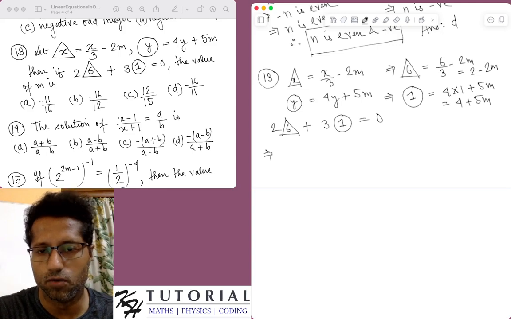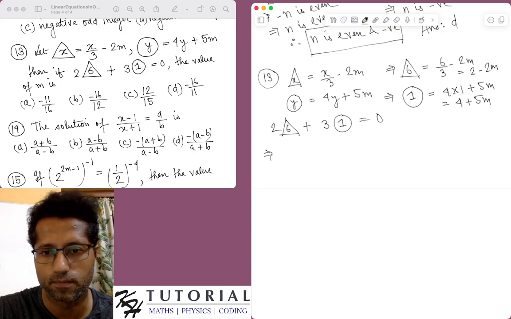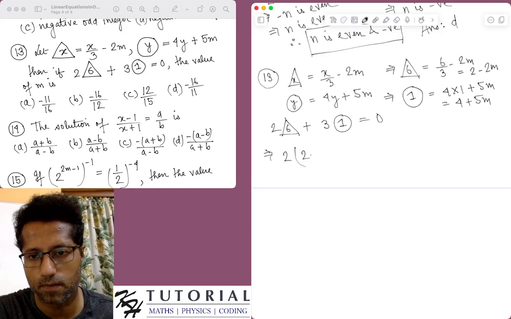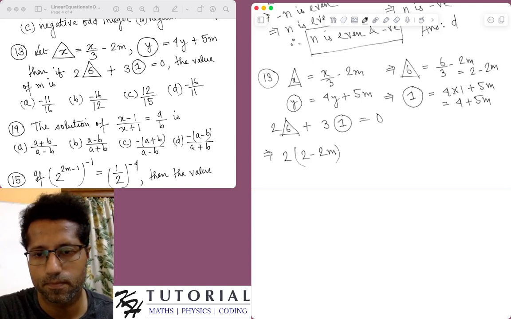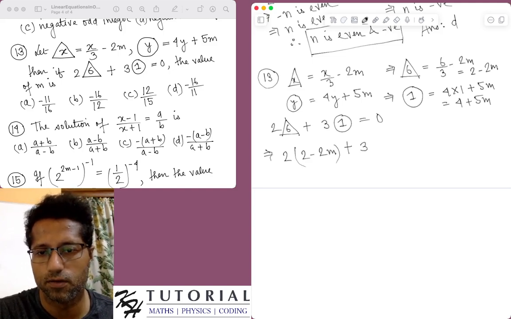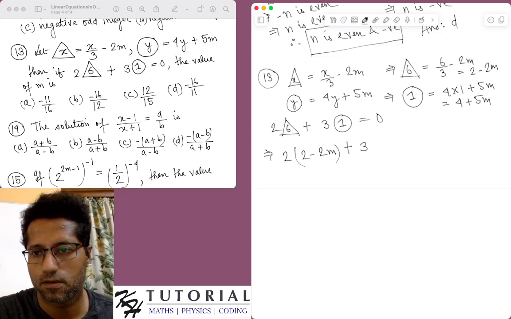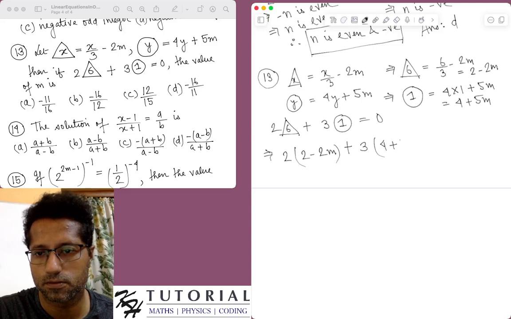So we know the triangle with 6 inside is 2 minus 2m. If I substitute that, 2 times (2 minus 2m) plus 3 times (4 plus 5m) equals 0.